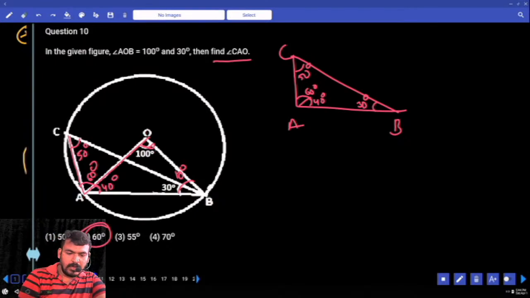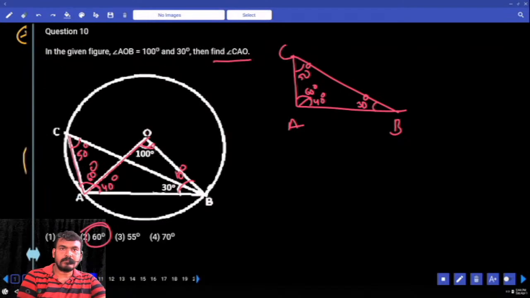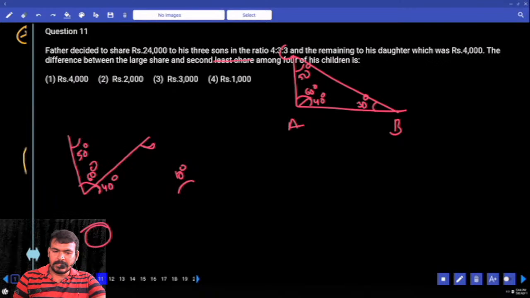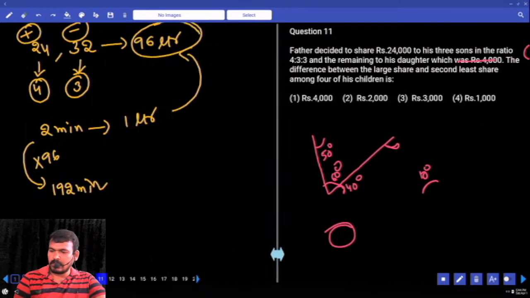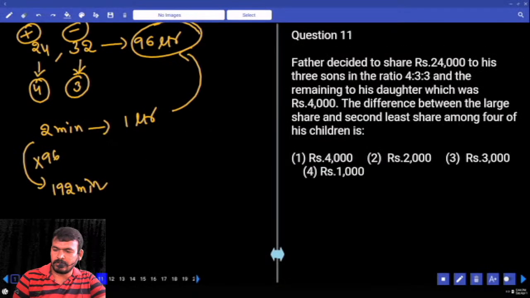Next question number 11. Father decided to share 24,000 to his 3 sons in the ratio of 4:3:3, and the remaining to his daughter, which was 4,000.